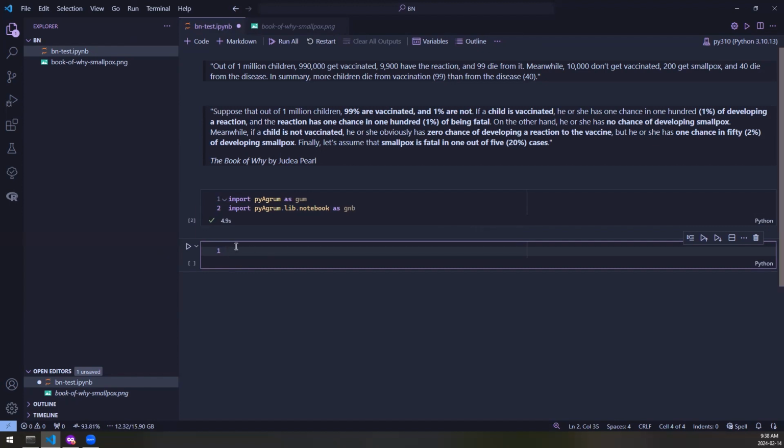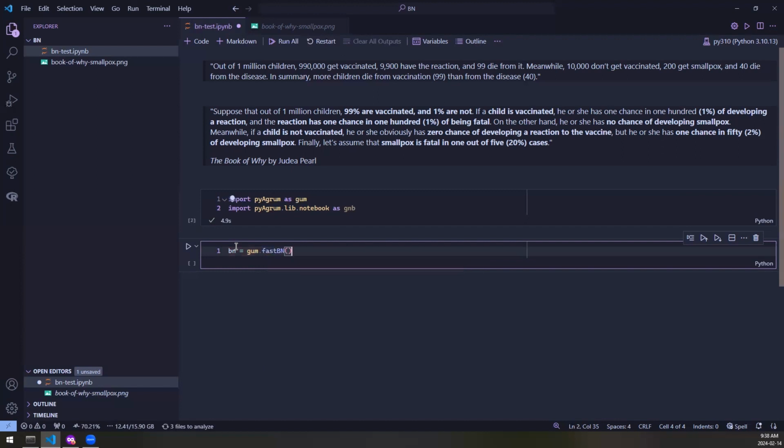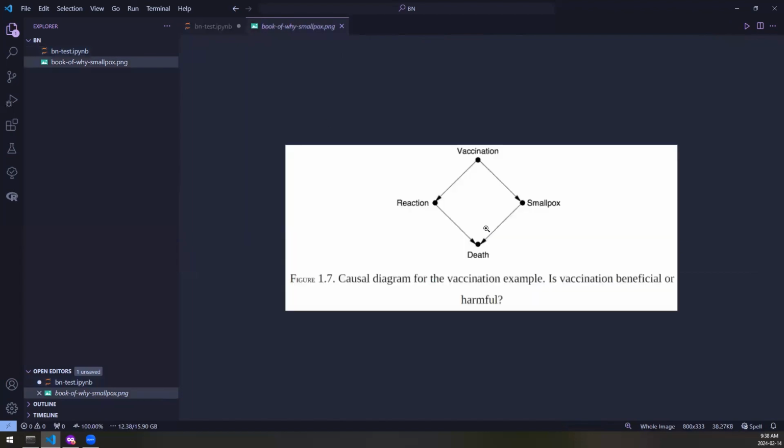Now we're going to create the graph. This is the first part. I'm going to call gum, which is PyAgrum, and the method fastBN. This is a very interesting method where you can basically describe the structure of the network, like this structure over here.